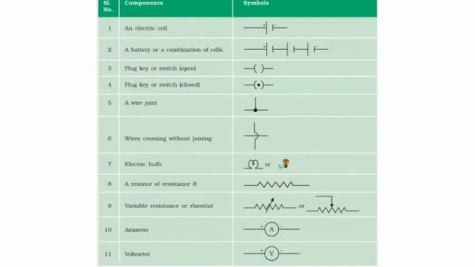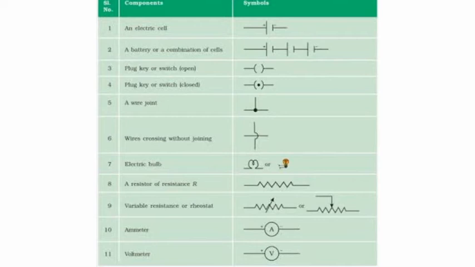Instead of representing the actual shape or dimensions of certain components in an electric circuit, we use certain notations or representations instead of devices or components. Such representations are known as electric symbols.